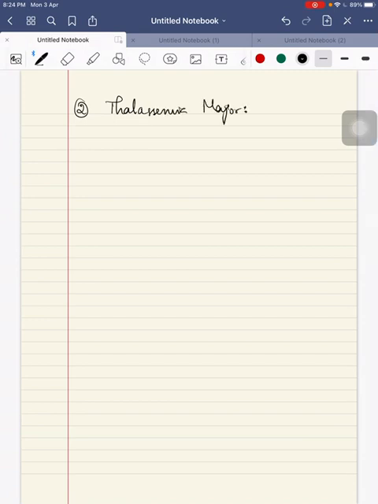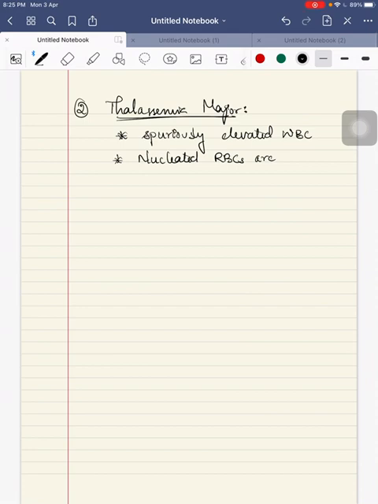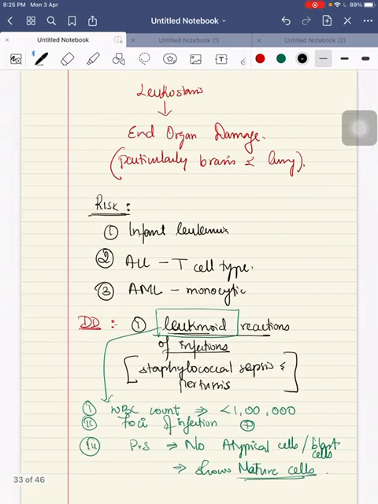Second, you should also differentiate this from children having thalassemia major. In thalassemia major, there will be a spurious elevation of WBC. It is because the nucleated RBCs are falsely counted as WBCs.